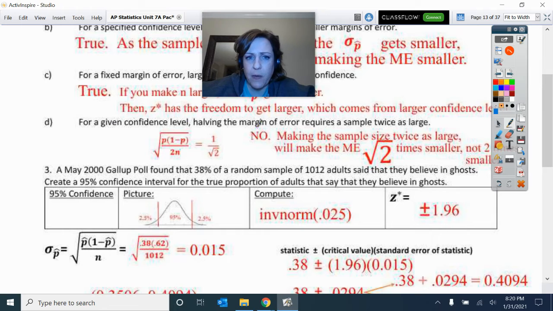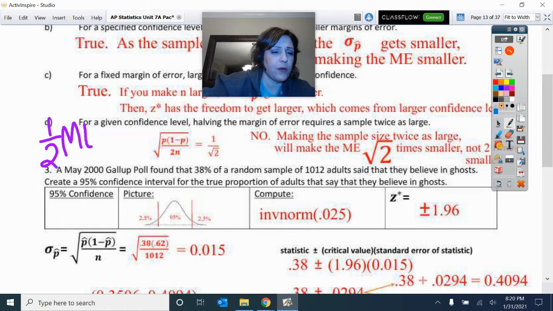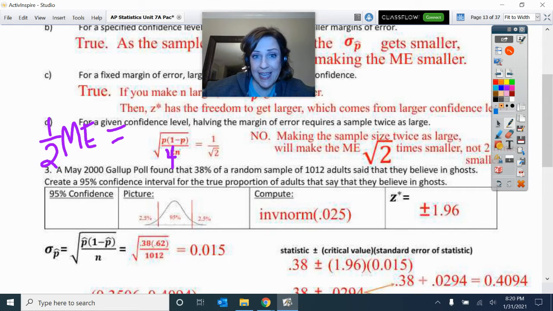I actually wrote this probably the wrong way. Halving the margin of error comes from there being a 4 on the inside of that standard deviation, because it comes out as 1 over the square root of 2.